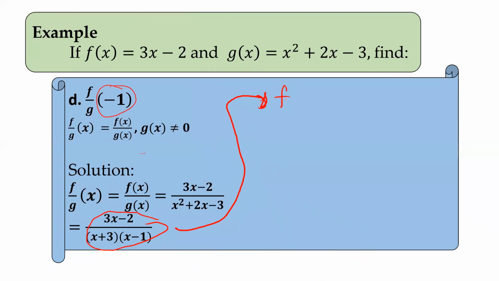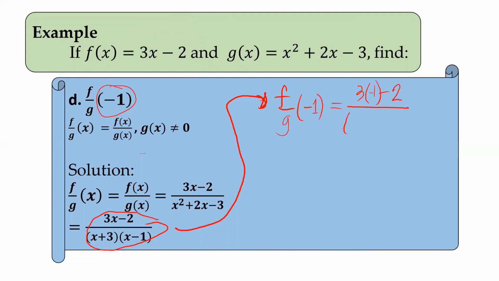So magiging (F/G) of negative 1 is equal to, yung nasa taas is 3x minus 2. Yung x dito, papalitan natin ng negative 1.